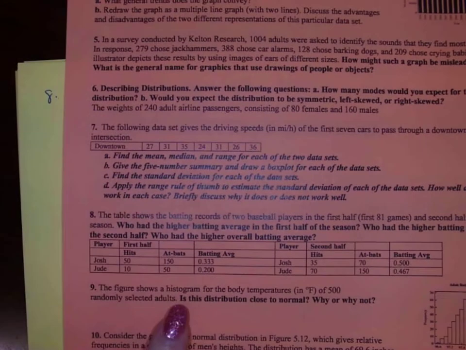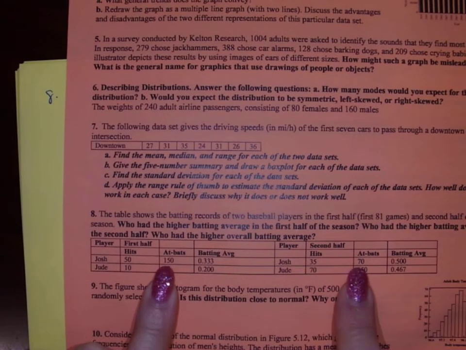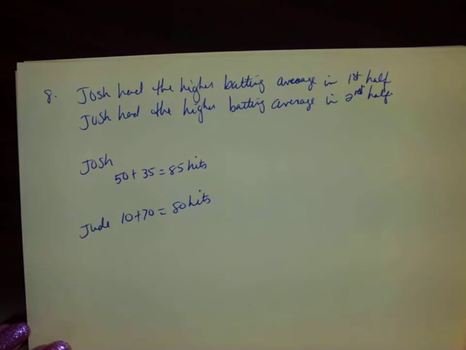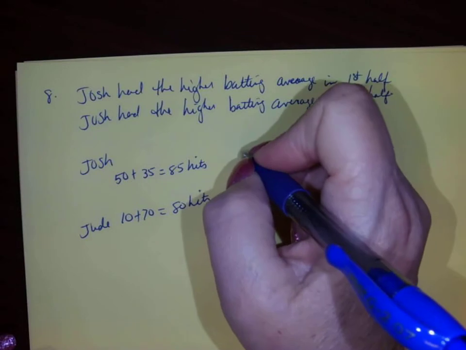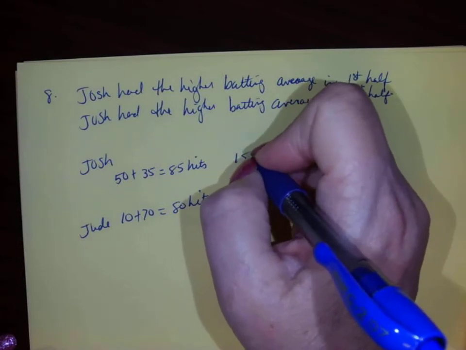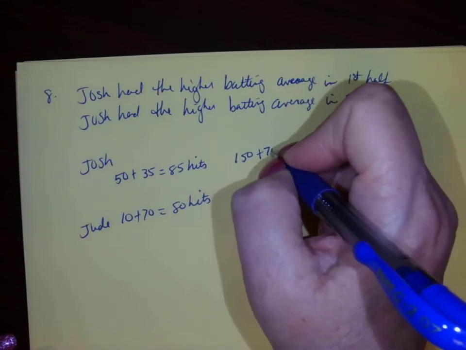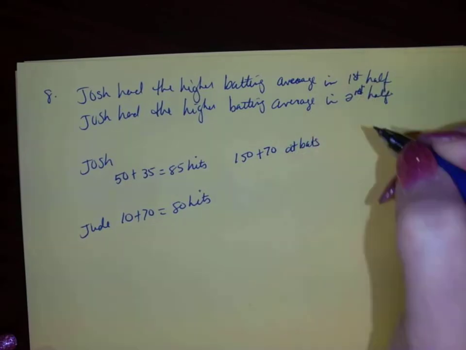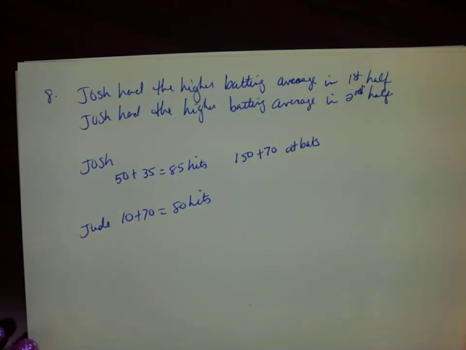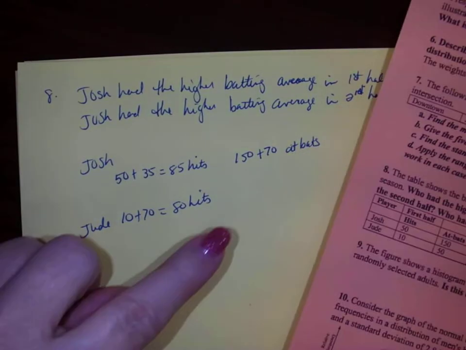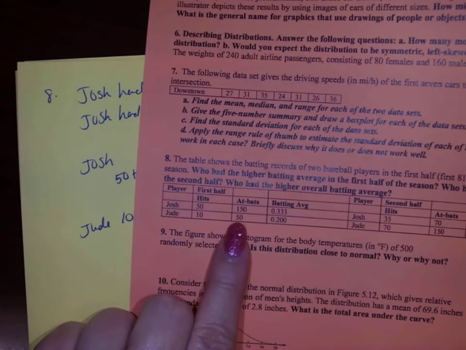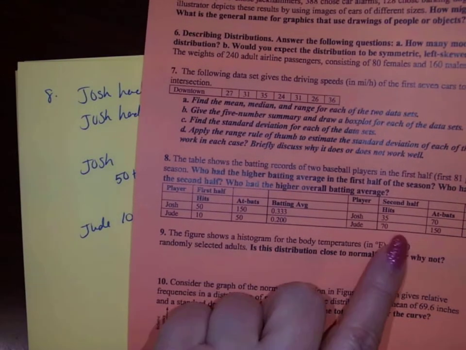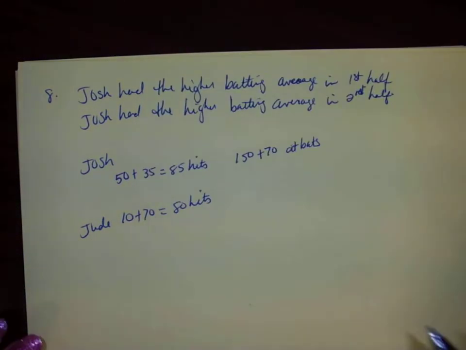Now, at bats, Josh had 150 and 70. So 150 plus 70 at bats. That means how many times he was up at bat, in case you're not a baseball person. And then 50 plus 150 for Jude.